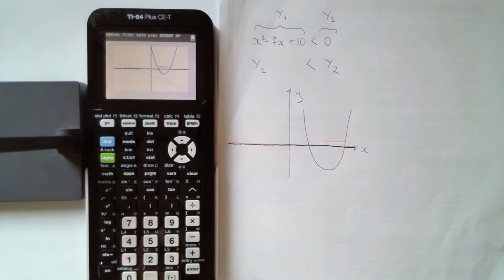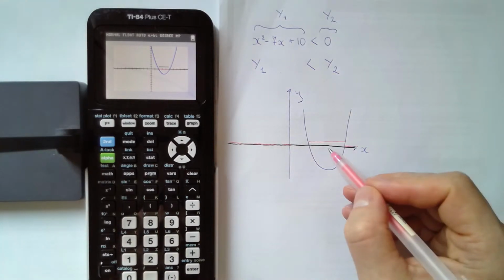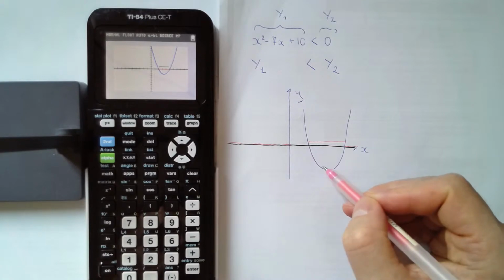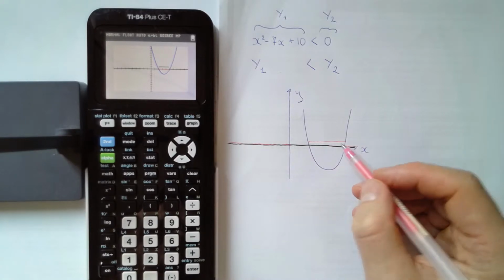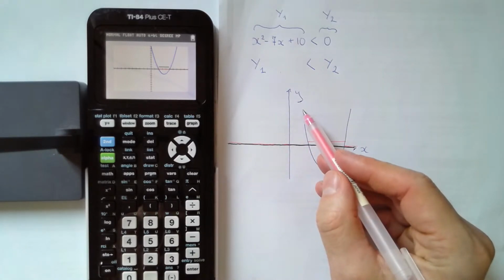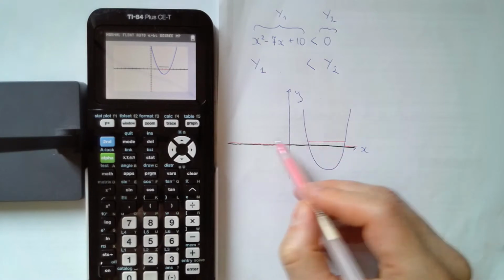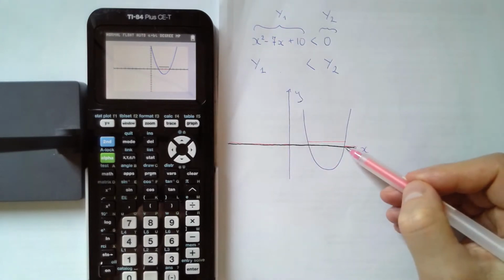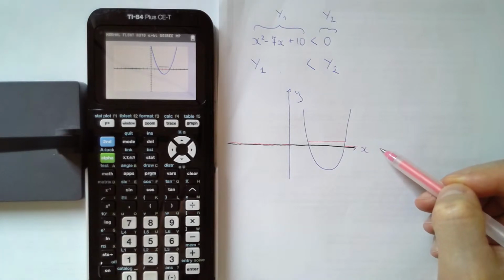So in this section here the parabola is less than 0, and on this left hand side it is greater than 0, and on this side it is greater than 0 as well.